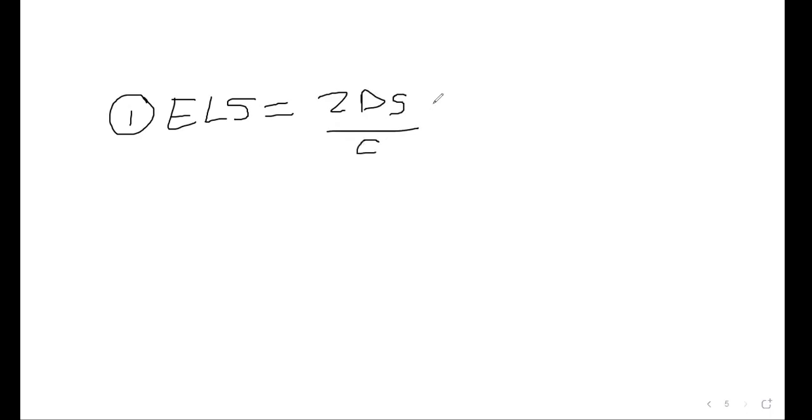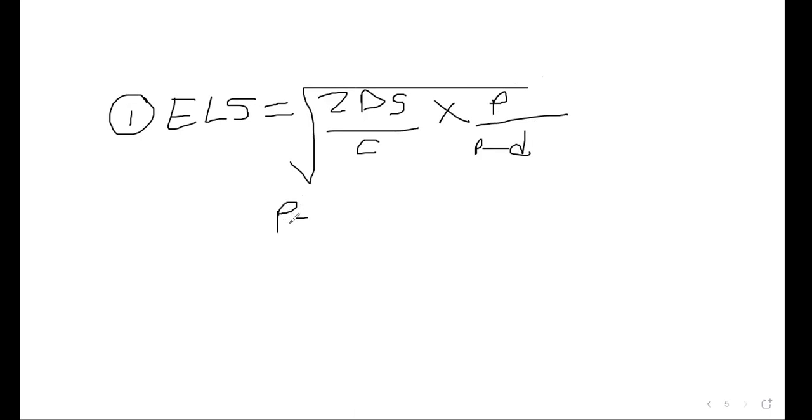Model 2, production model. The first formula to use is economic lot size, which is equal to the square root of 2DS over C, multiplied by P over P minus d. P is daily production.